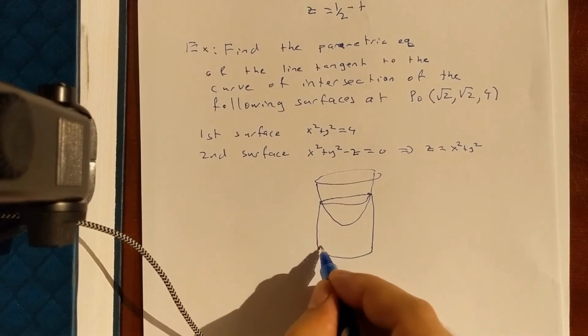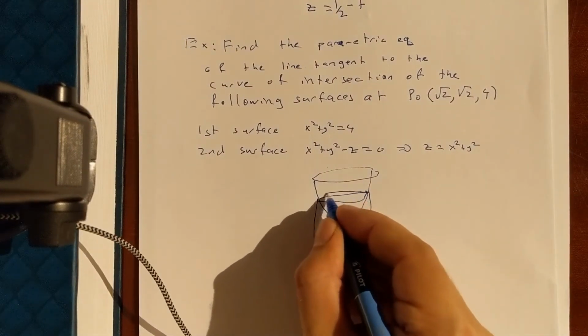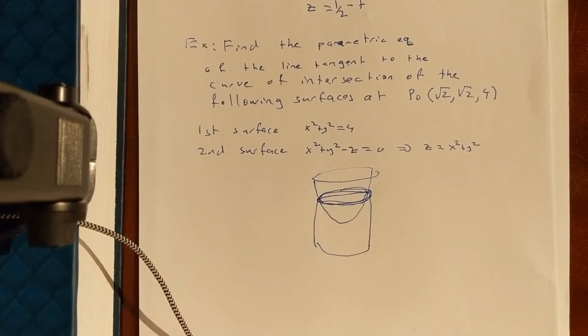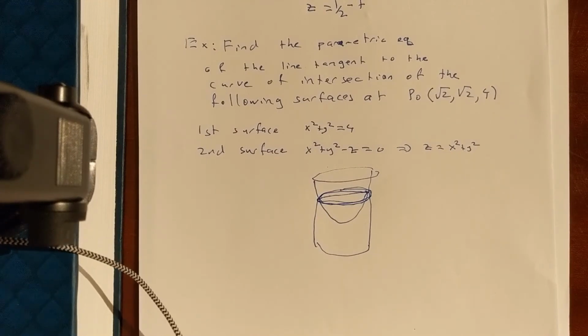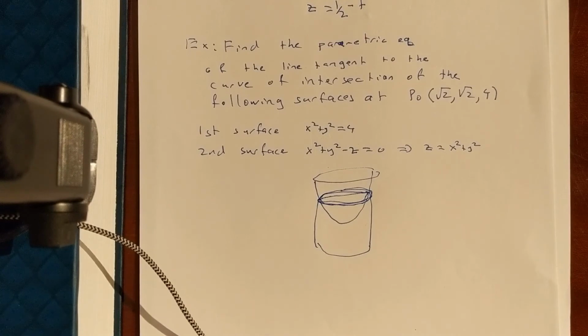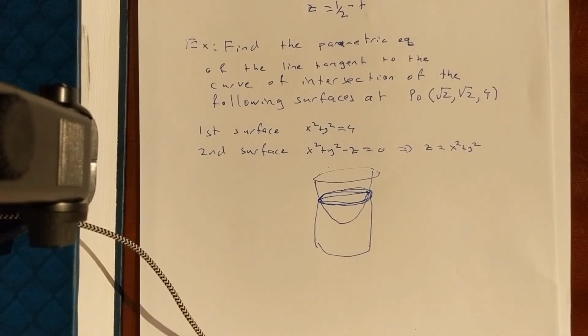Sorry for the horrible drawing, my bad. So the curve of intersection is going to be this guy. Immediately we know that the curve of intersection is going to be a circle. It could have been an ellipse, but in this case it's always going to be a circle, because the level curves of the cylinder are always the same.